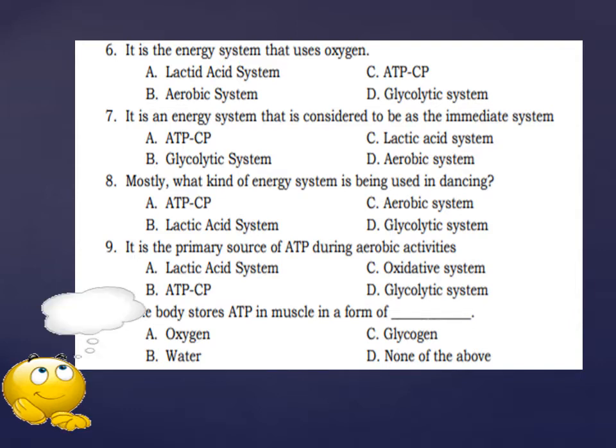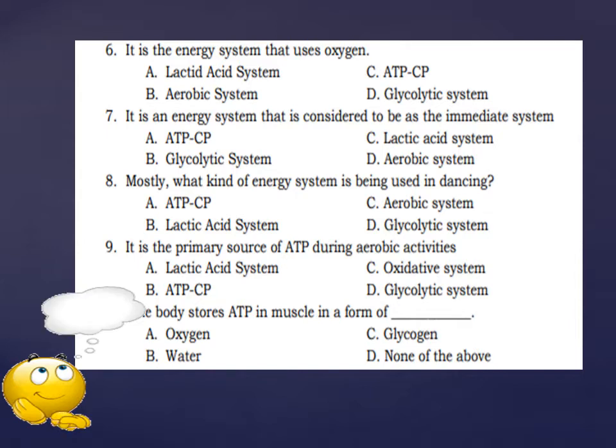B. Lactic acid system. C. Aerobic system. And letter D. Glycolytic system. 9. It is the primary source of ATP during aerobic activities. A. Lactic acid system. B. ATP-CP. C. Oxidative system. Letter D. Glycolytic system.